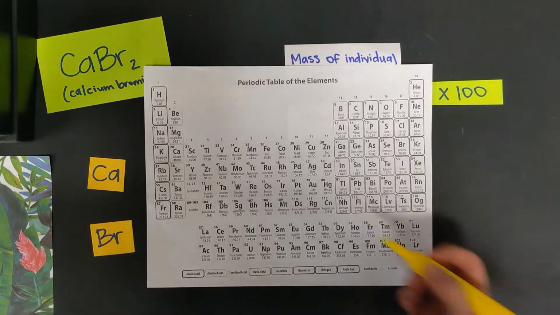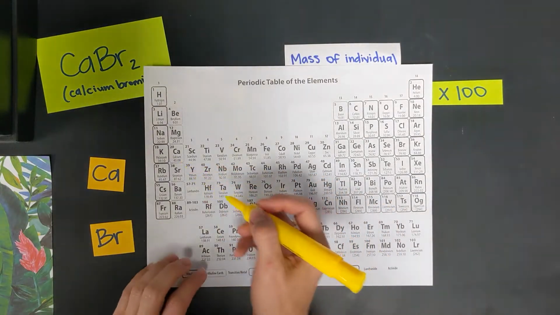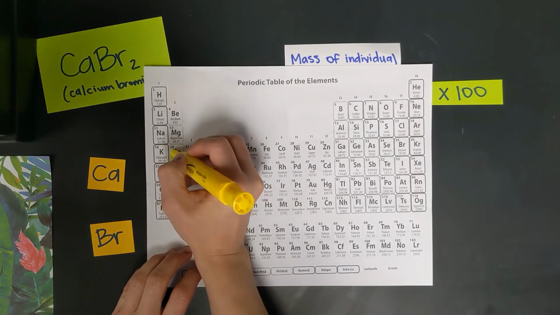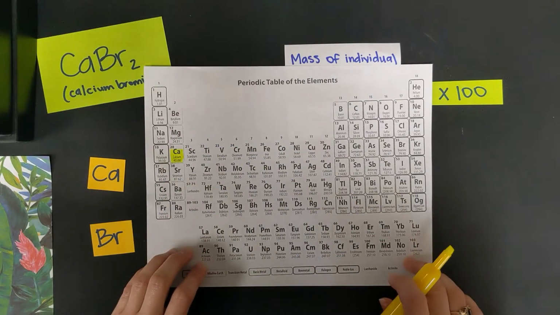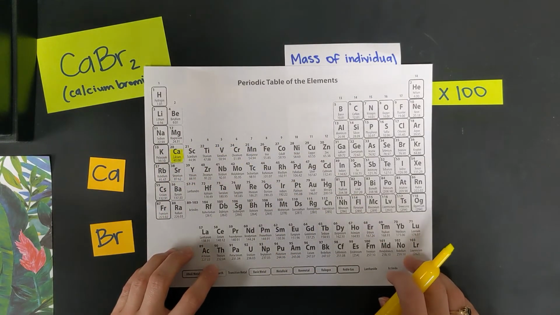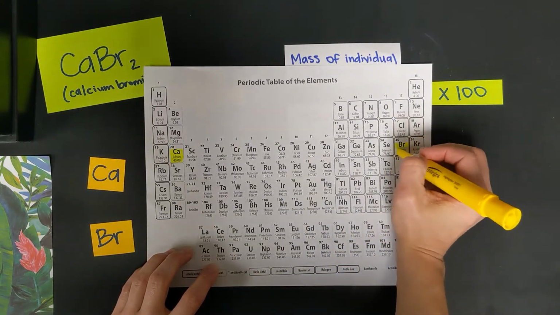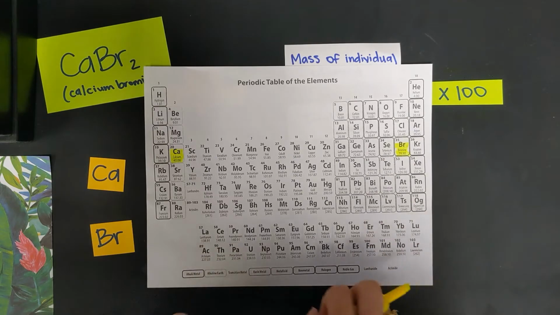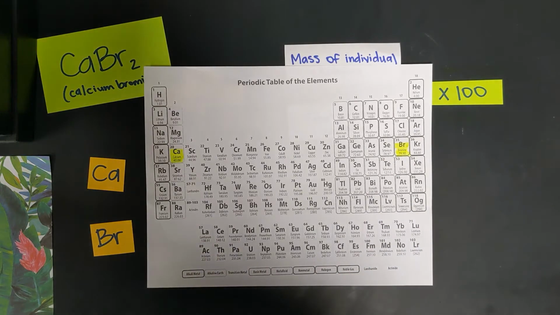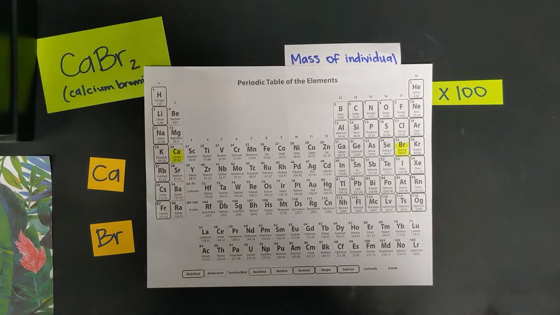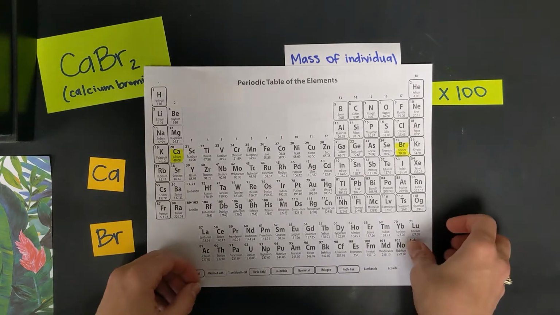If I take a look at my periodic table, I see Ca right here. And calcium's mass is about 40. Over on the other side, I have bromine. Bromine's mass is 79.9 per bromine, or approximately 80. So I'm just going to round so that I have numbers that are a little bit easier to work with.